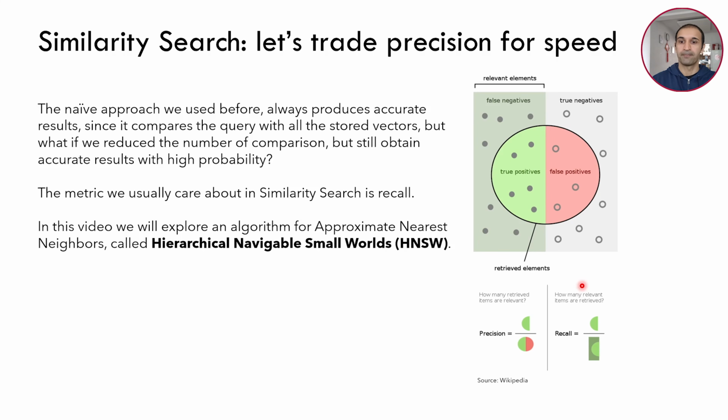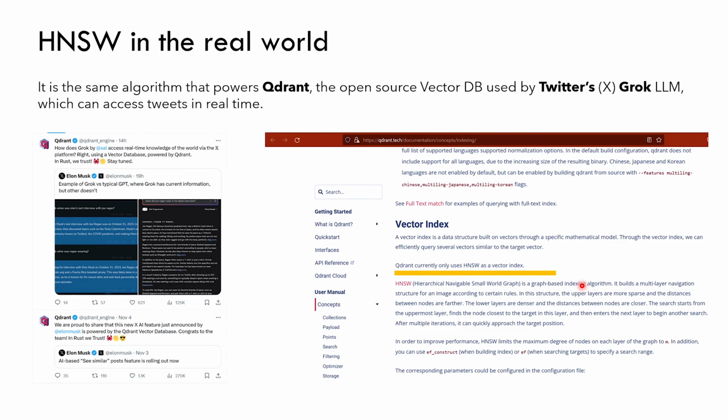Navigable Small Worlds. Now, Hierarchical Navigable Small Worlds is actually very popular nowadays in vector databases, and in particular it's also the same algorithm that powers the database Qdrant, which is also the open source vector database used by Twitter's Grok LLM. For example, this is the exchange of tweets that I saw the other day between Elon Musk and the team of Qdrant, in which Qdrant says that Grok is accessing all the tweets in real time using the vector database, which is Qdrant.